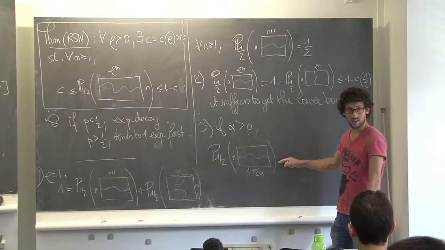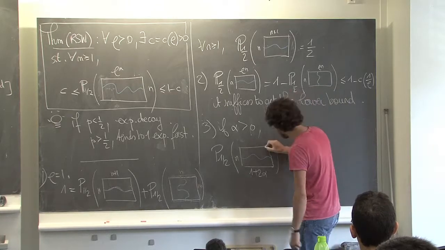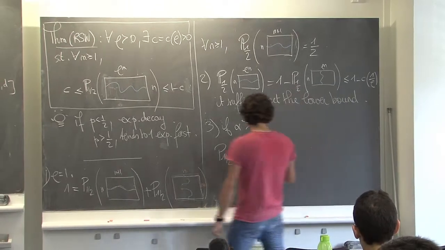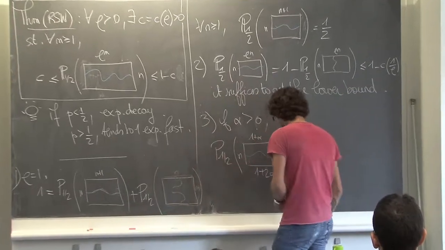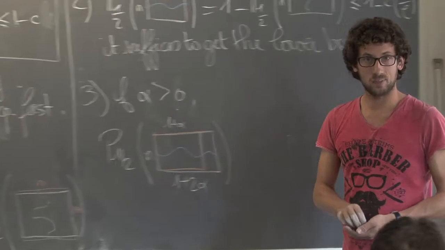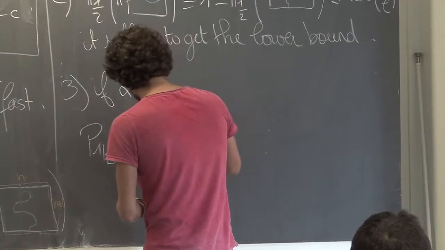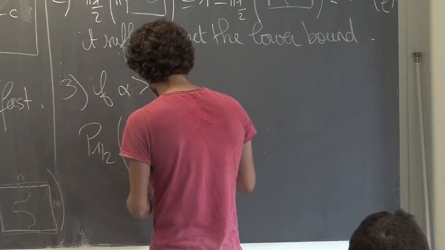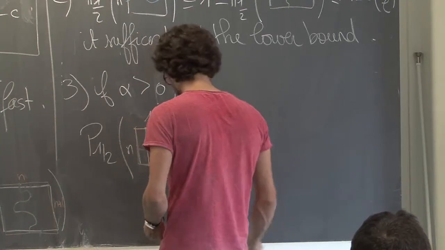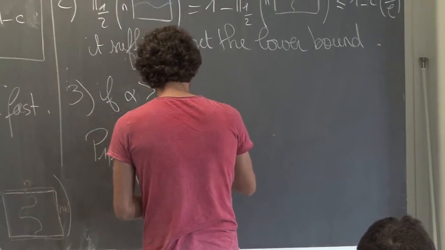So if I want to cross like that, I can just use the fact that here I have one rectangle of aspect ratio 1 plus alpha. I have a second rectangle of aspect ratio 1 plus alpha, which is here, which I'm going to draw in pink. I have so many colors, it's great.